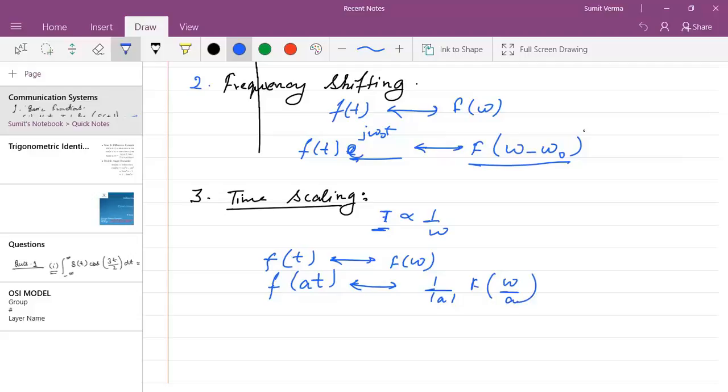So you can see, depending on the value of a, if it is greater than 1, then you are doing a compression in the time domain. This leads to an expansion in the frequency domain. Similarly, if a is less than 1, then you are doing an expansion in the time domain, and it will cause a compression in the frequency domain with a magnitude change as well. Remember that there is a mod here.